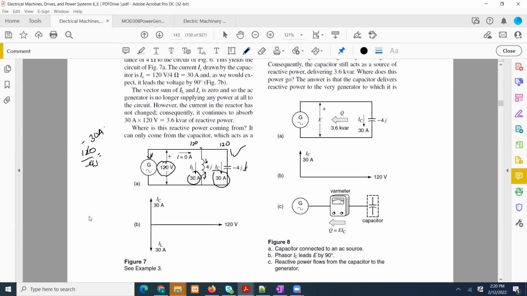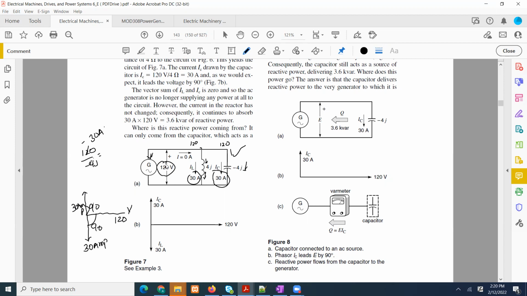Now if we draw vectorially, we got 120 volt. We know now that a pure inductor would be lagging the voltage by 90 degrees, and the value of this current is 30 amps. And we know that for a capacitor, the current leads by 90 degrees, and the value of the current is what? 30 amps.